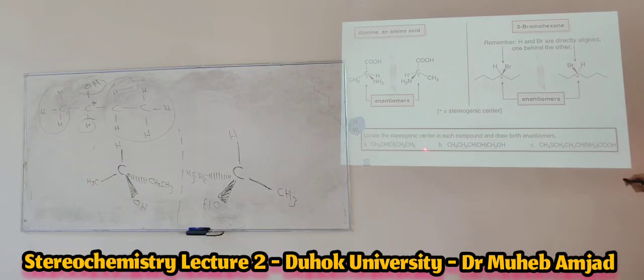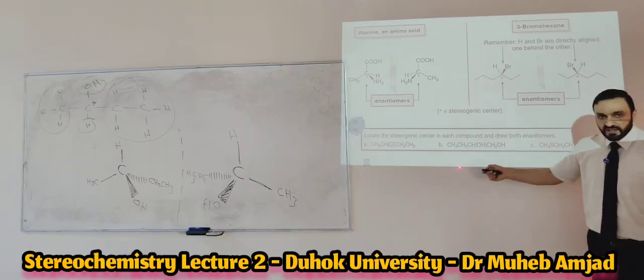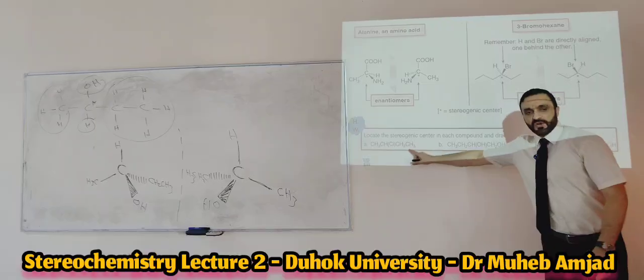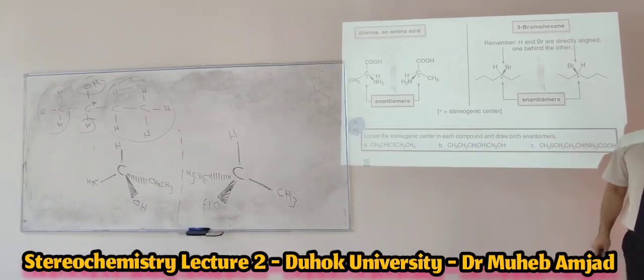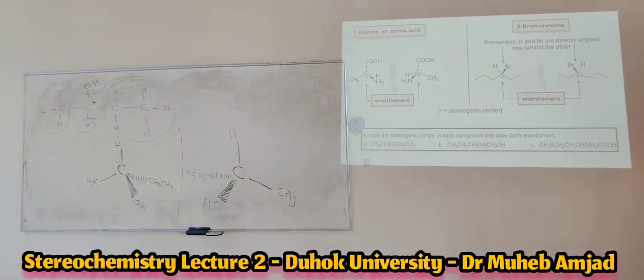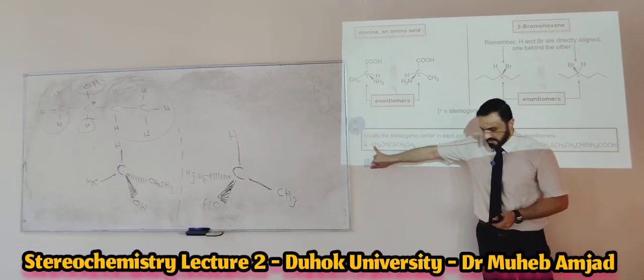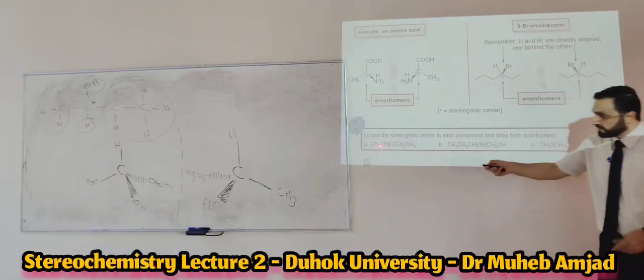So locate the stereogenic center of each compound and draw both enantiomers. Where is the stereogenic center here? How many stereogenic centers are there? Refer to the stereogenic center and draw the enantiomers. This is homework for you. Is this a stereogenic center? For example, this one? No. This one?